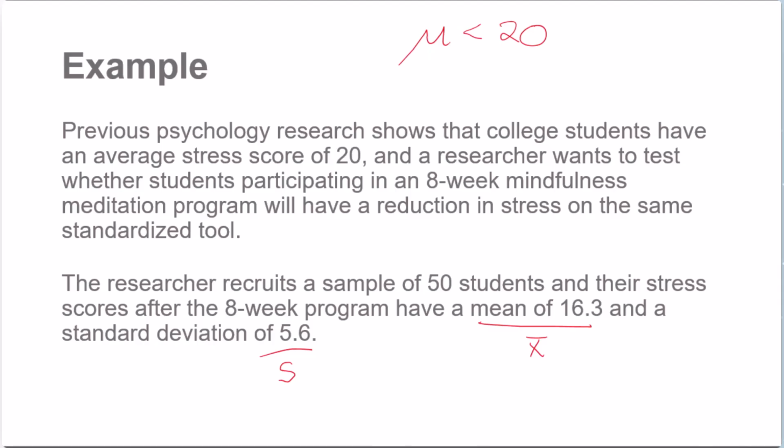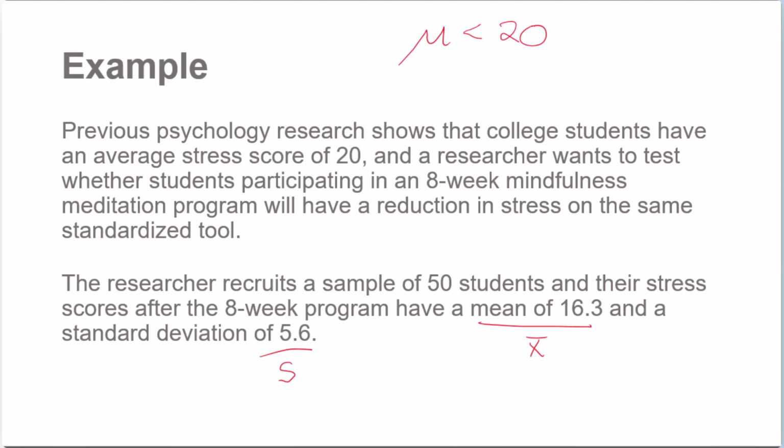But we have to be a little cautious here because the standard deviation is 5.6. So how far away from 20 really is this? Is this far enough away to be strong statistical evidence that the population value would be less than 20?